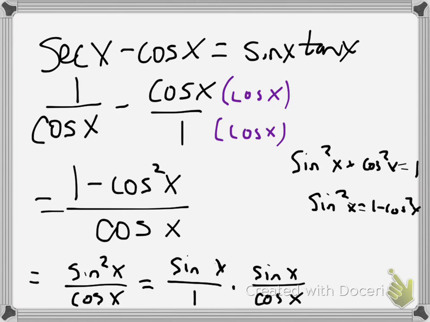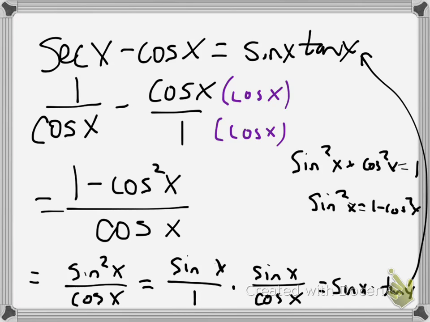Think about it. I'll take a couple seconds and take a breath here to let you look at what I did and why that makes sense. If you multiply the numerators, you get your sine squared x back. If you multiply your denominators, you get your cosine x back. But now all we've got to do is use one ratio identity that we know, and we have the answer. This is just sine x times tan x, which is exactly what we wanted to verify.